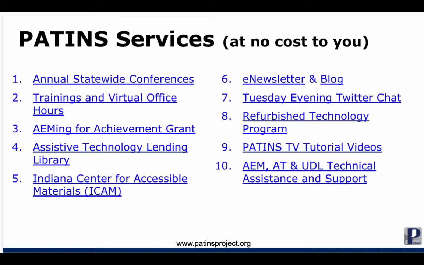Come join us at 8:30 p.m. for 30 minutes. Awesome interaction and professional development, sharing ideas. We also have a refurbished technology program. You can get refurbished computers and devices. We have a lot of tutorials available on our website and additional technical support in the areas of accessible educational materials, assistive technology, and universal design for learning.